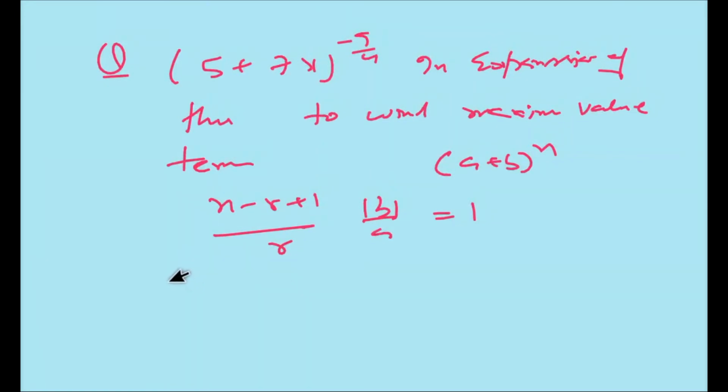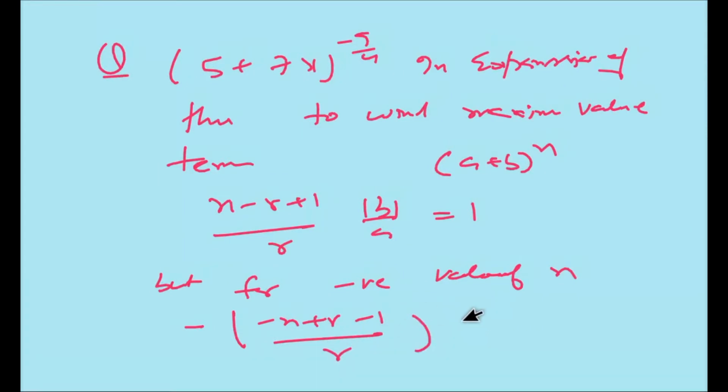Okay, but for negative value of n, we use this formula: minus n plus r minus 1 upon r, b upon a equal to 1, and we leave this minus sign.